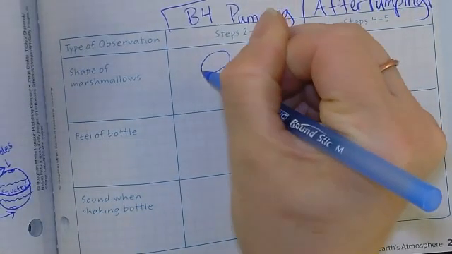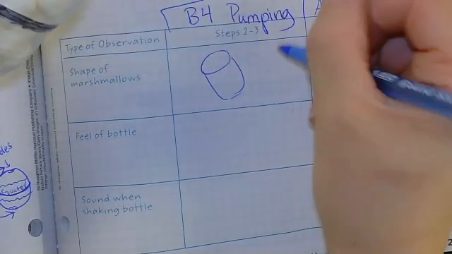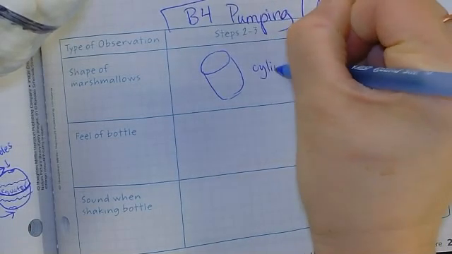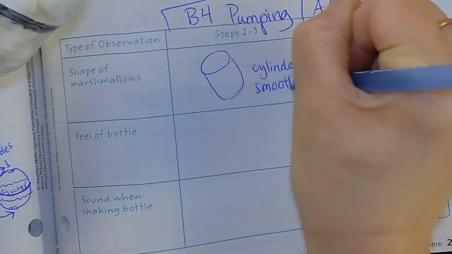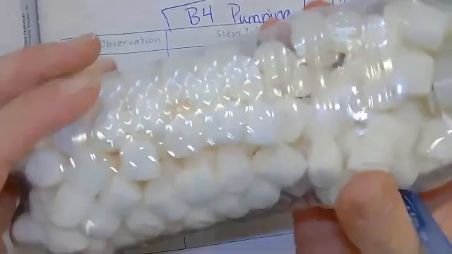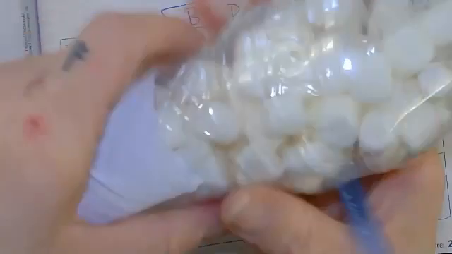Let's describe what they look like, the shape of the marshmallows. Well, I'm going to go ahead and draw a picture of the shape of the marshmallow. It's a nice little billowy, little adorable pillow, sort of. We might say something like it's a cylinder, and it's smooth. Feel of the bottle. Well, when I squish it, look at that.